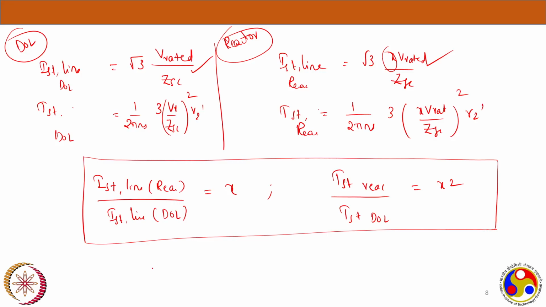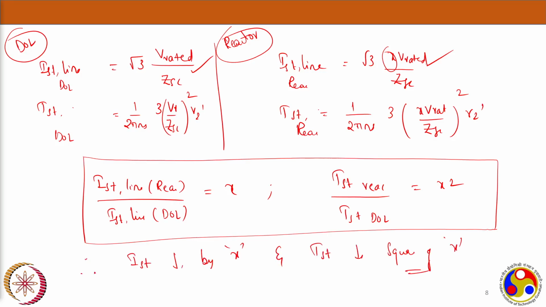So whatever current you are drawing, you are able to reduce it by X times. X here is the tapping ratio of the reactor at which you are running it. If you vary it to 0.8, 0.9, 0.5, 0.4, that is 50%, 40%, if you keep the tap ratio accordingly, your starting current as well as your starting torque will also get reduced.